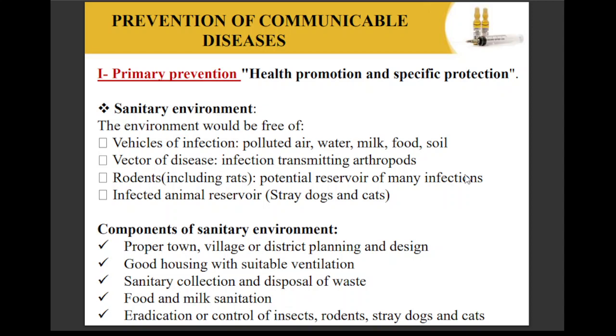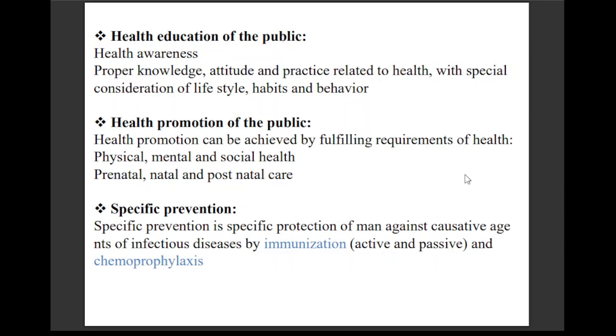Infected animal reservoirs, stray dogs and cats, can lead to different types of diseases, say like plague or rabies and all. Now, components of a sanitary environment include proper town, village or district planning and design, proper sanitary disposal of waste, good housing and suitable ventilation, food and milk sanitation, eradication or control of insects, rodents, stray dogs, etc.